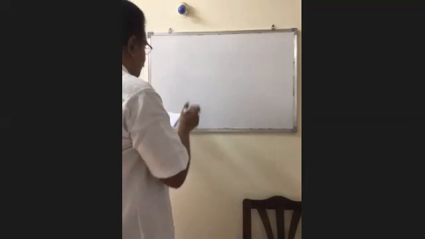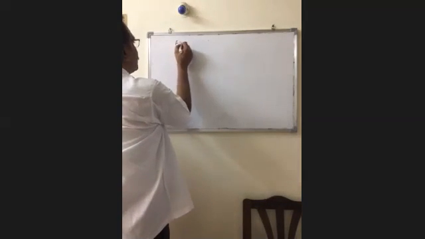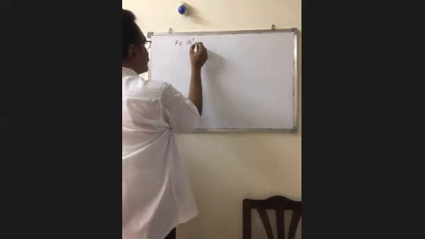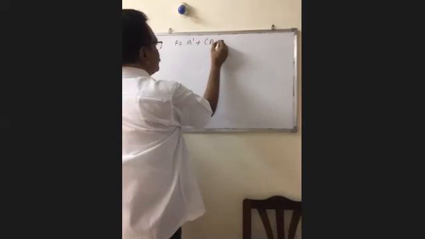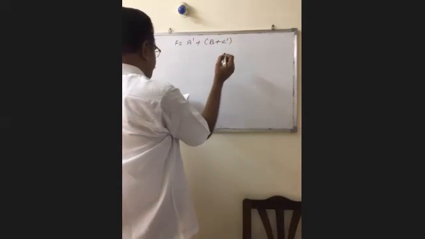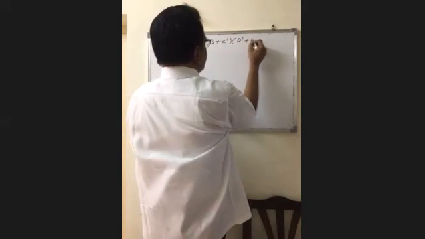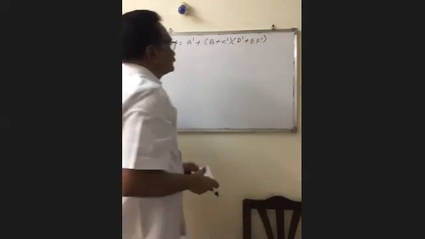The given expression is F is equal to A dash plus B plus C dash into D dash plus E F dash.